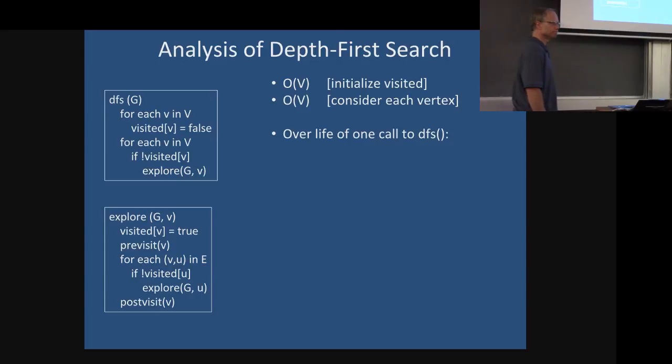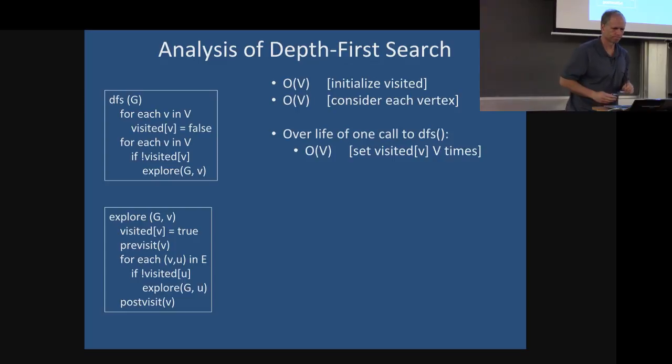Okay. So we've dealt with part of DFS. Now let's think about the life of one call to DFS. I claim that I don't know how many times explore is going to be called, but I know that this statement right here is going to be executed V times.